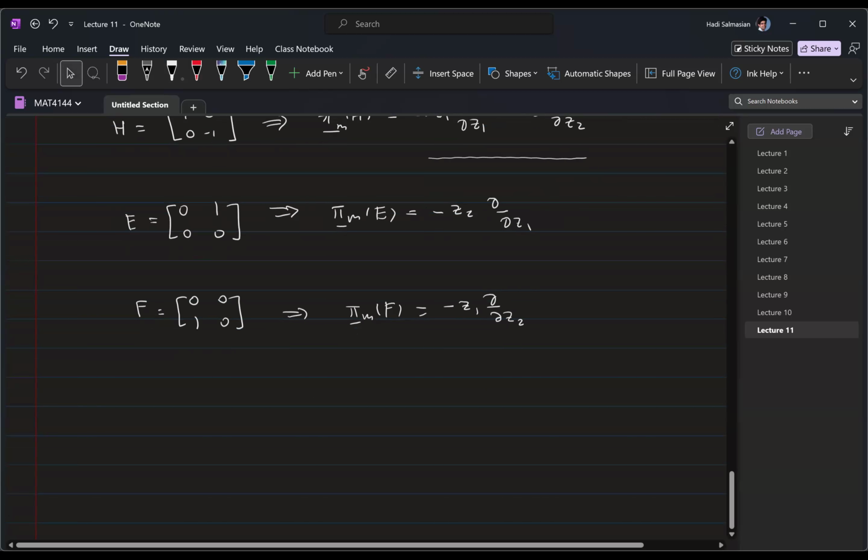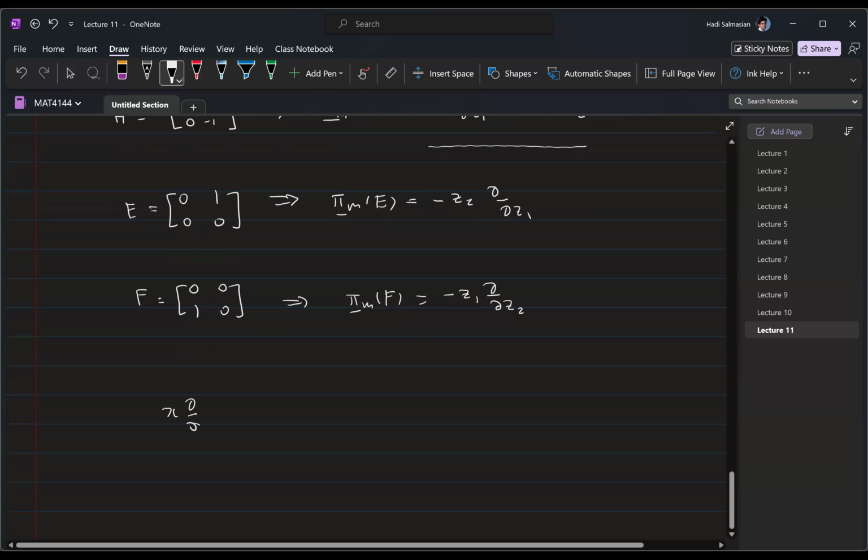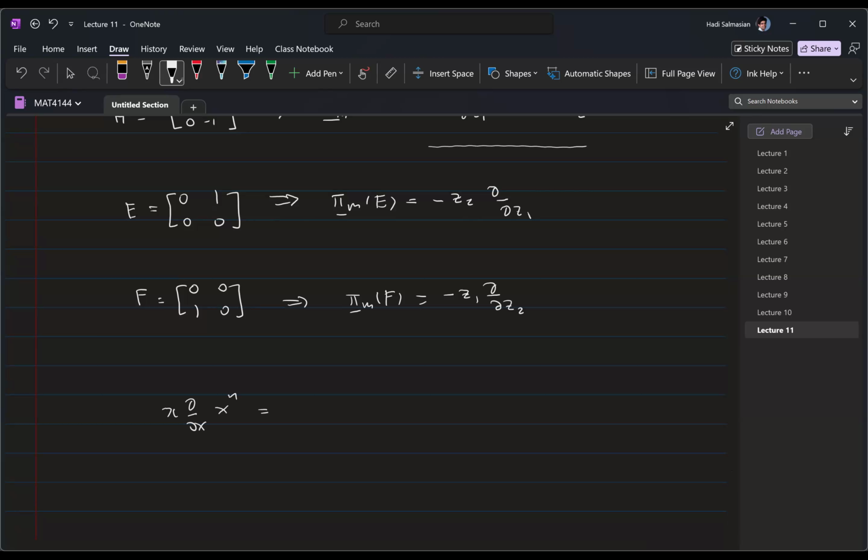So think about this operator, like the x d/dx operator. What does it do to a polynomial? Clears out the constant, so it remains homogeneous. Okay, so what is it? It's n times x^n. That's right.